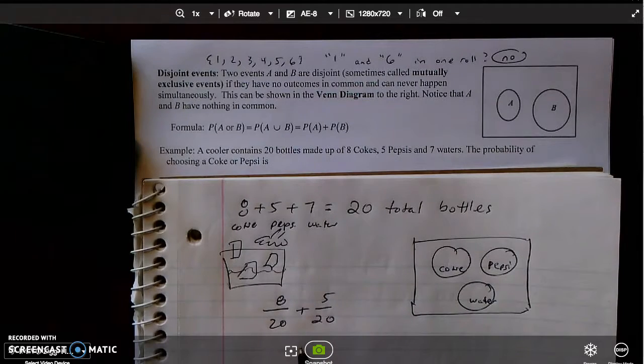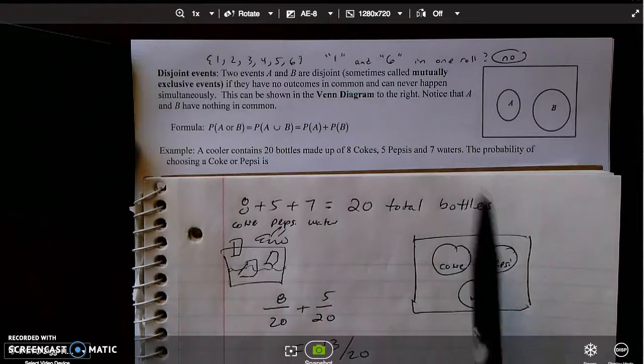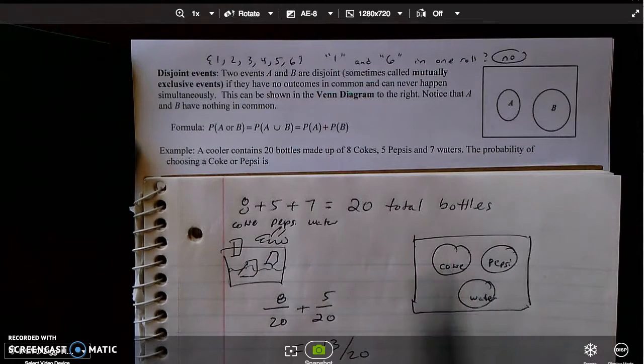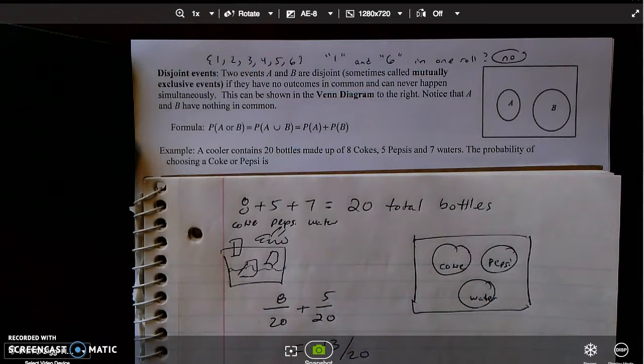Then I add those up and I get 13 out of 20. That's my probability of choosing either a Coke or a Pepsi. When these events are mutually exclusive or disjoint, I can just add those two probabilities. So that's the concept of disjoint and exclusive.